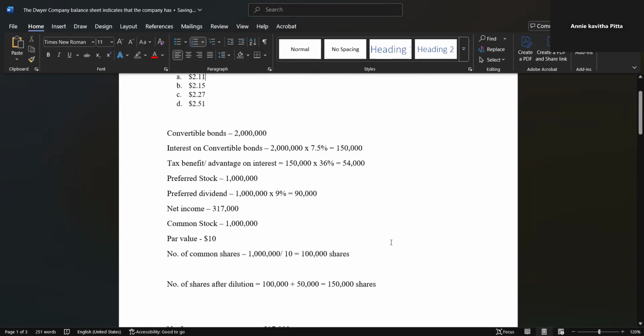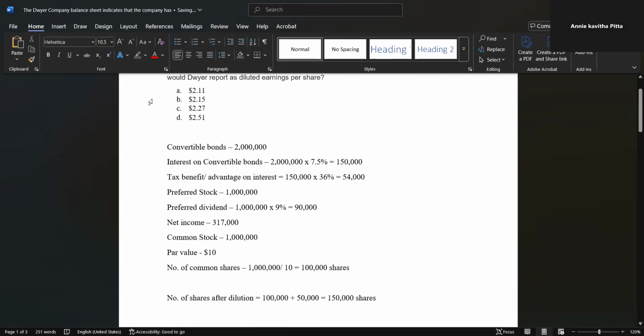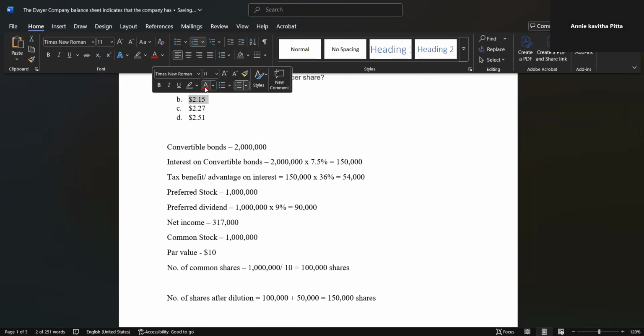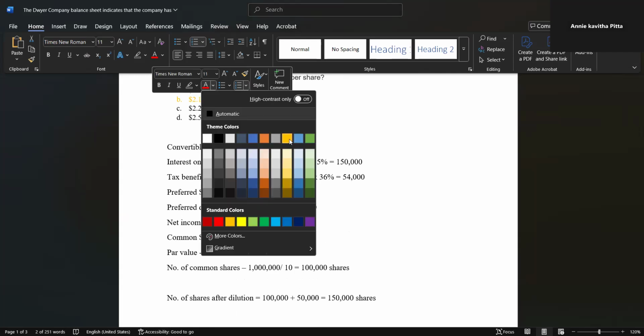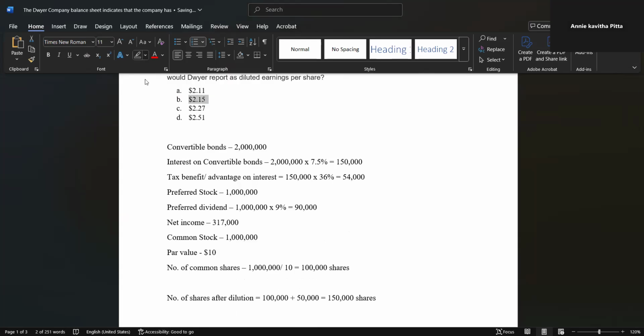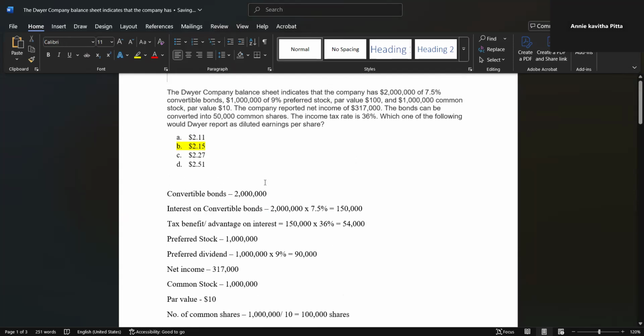So the correct answer is B, 2.15. I hope this is clear to you.